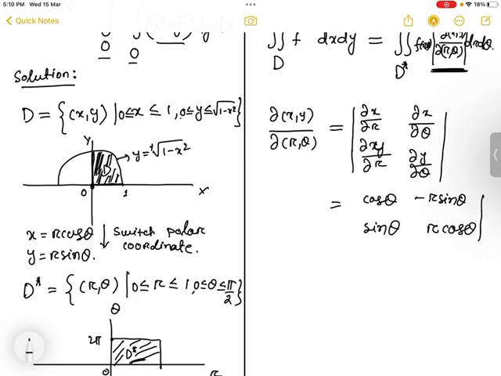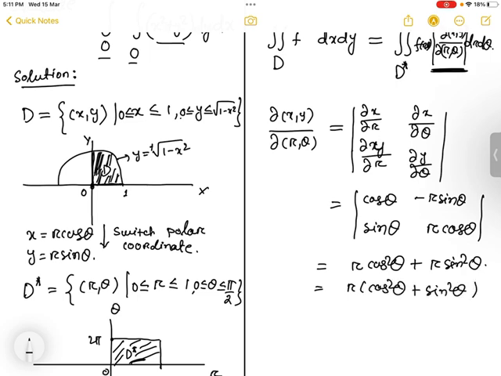Okay, if you calculate the determinant, what do you get? r cos square theta plus r sin square theta, which is r times cos square theta plus sin square theta, and this is nothing but 1, so this is r.